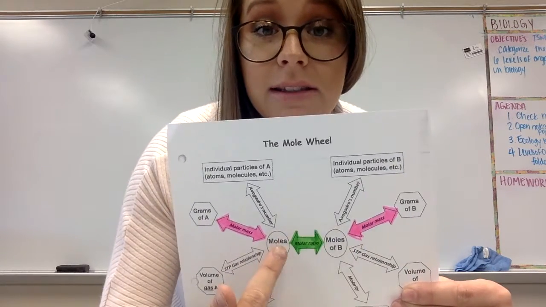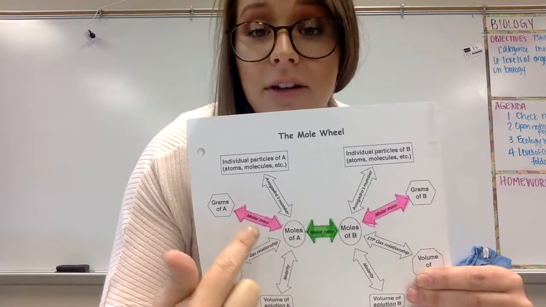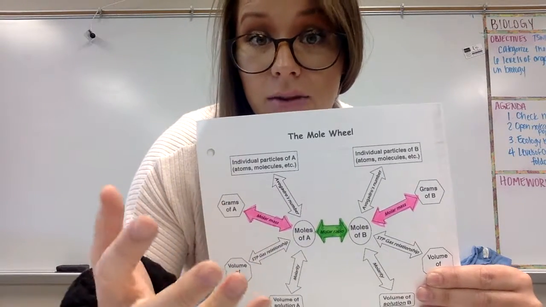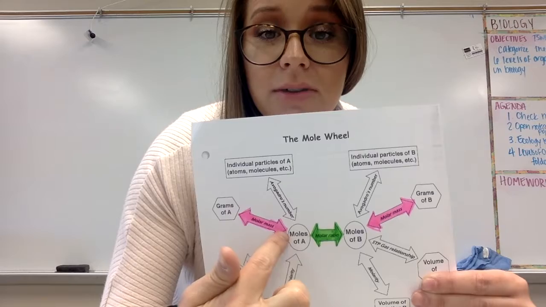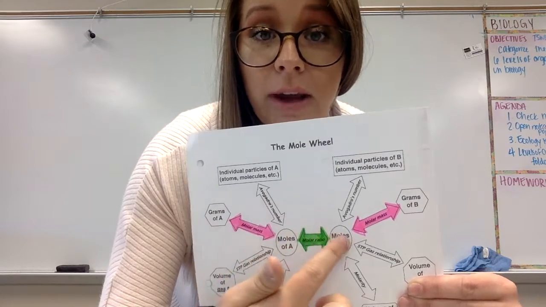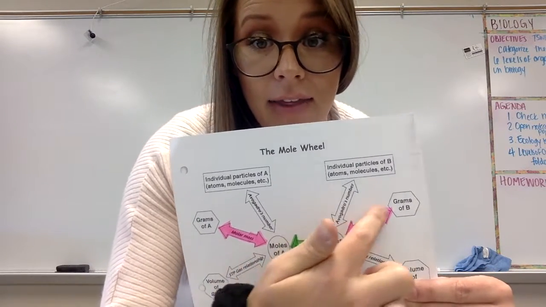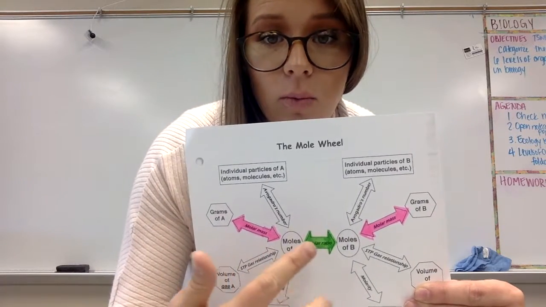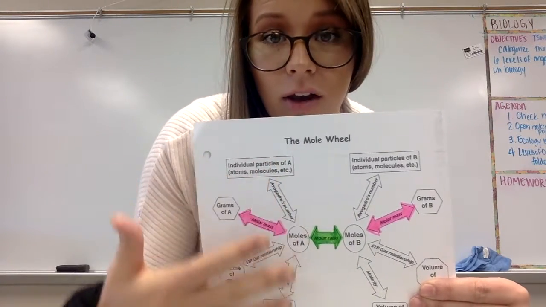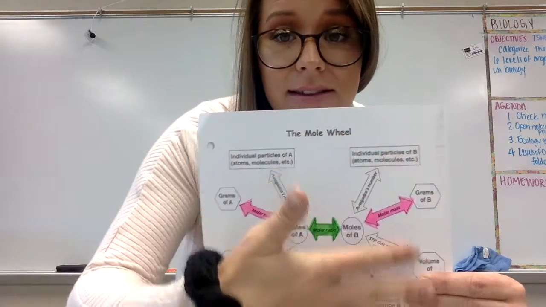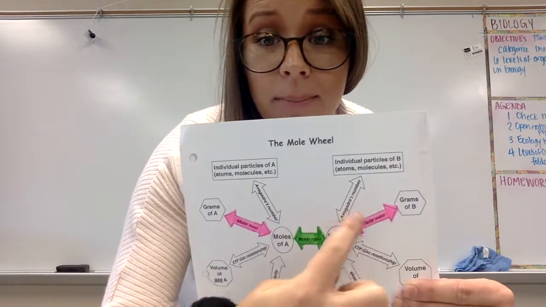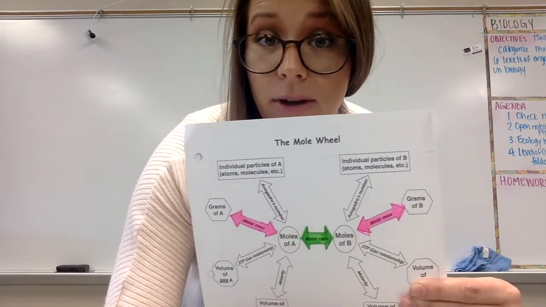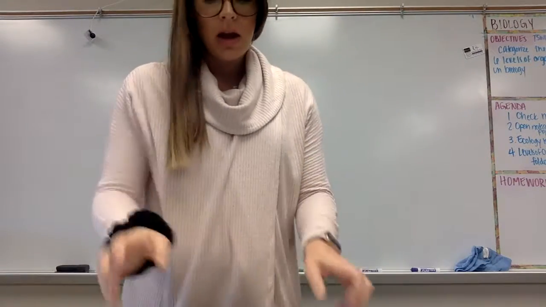This is a two-step problem now. Every time you have an arrow, that's a step in your math Stoich problem. So we're given moles of A, we're going to use mole ratio first, and then we're going to use molar mass second, okay? And if you look, this is all A, or your starting substance, and this is all B. So if we're on the B side and it says molar mass, that's molar mass of your second substance. So make sure you keep that in mind.